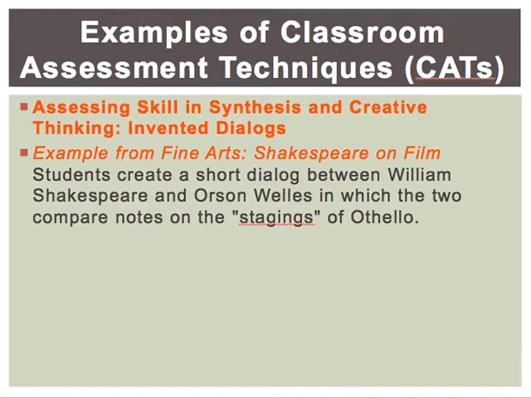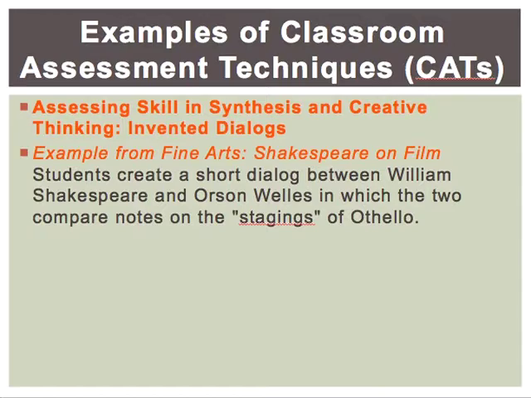The next is assessing skill in synthesis and creative thinking. So the invented dialogues. This is assessing the creative thinking of students. One example is from fine arts, Shakespeare on film.